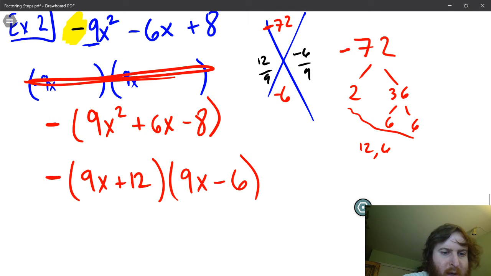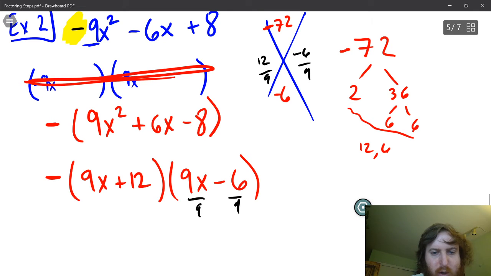So if both of these on the left could be divided by 9, we would just do the left side. If instead both of the right side could divide by 9, then we would just do the right side. But in this case, it's actually a combination. Neither side can divide by 9, but this side could divide by 3, and the right side could divide by 3.